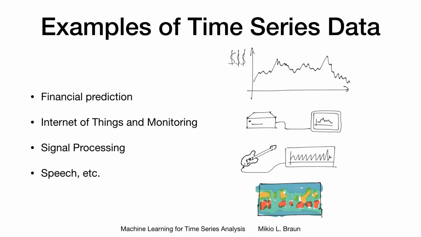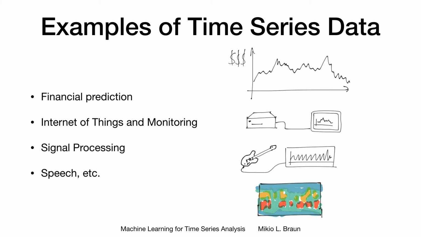All right, so I already talked a little bit about it. What are the typical examples for time series data? One of the most common ones is of course financial data. You have stock data and so on. People have for a very long time tried to uncover and predict how the stock changes over time, of course, because if you're able to do this, then you can make a lot of money, okay?